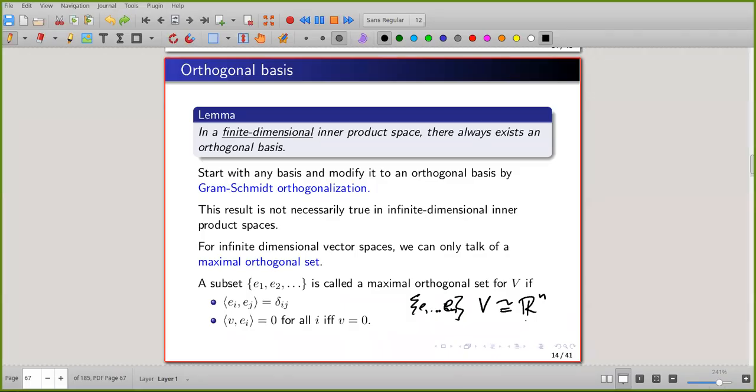Let me call the basis V1 through Vn, any basis. So I can give an isomorphism from Rn to V. I just send the standard vector Ei to Vi. But here we have made a choice, the choice of these Vi's.